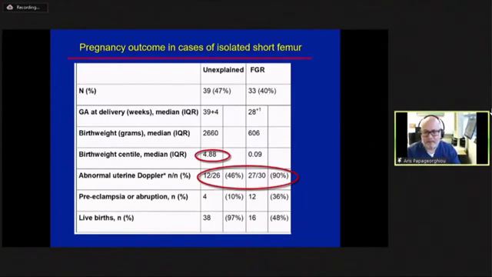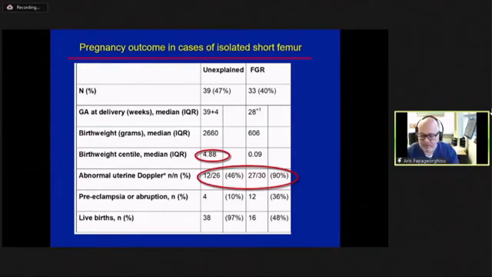And notice that the growth-restricted babies eventually had a very low birth weight centile, but even the unexplained group had a birth weight centile of 5, so the 5th centile. So these were small babies. And of course, there's a continuum.